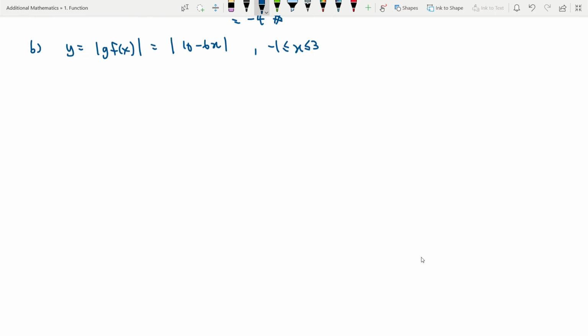First, we draw the graph of y without the modulus. Prepare a table to get the value for x and y. The smallest is -1, greatest is 3, and we also need to find the intercept.